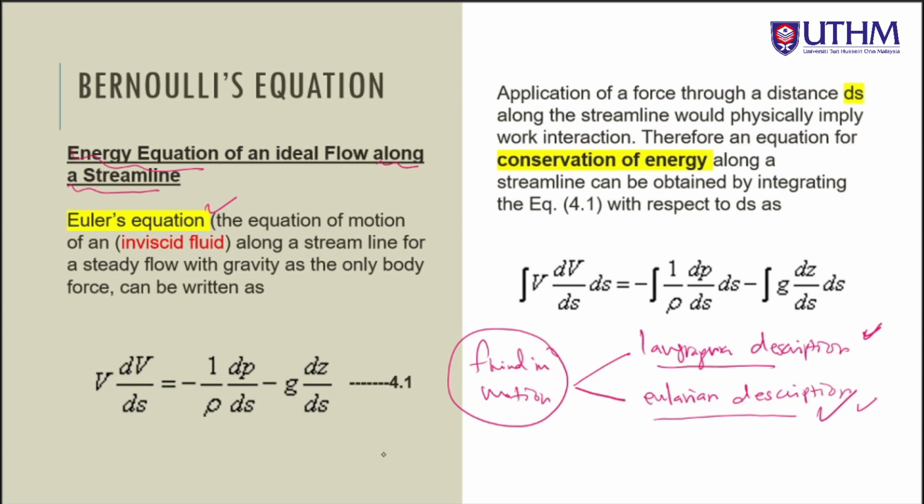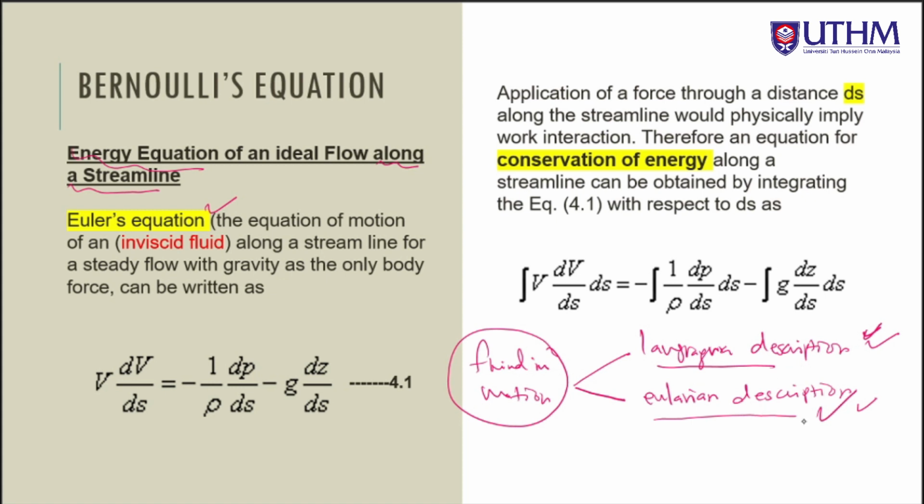You can pick a single particle in the moving fluid, and we follow where it goes. That is what it means when we use the Lagrangian description. For example, for fluid flow in a pipe, we take one particle and we follow how the fluid moves based on that particle's movement. That is what we refer to as the Lagrangian description.